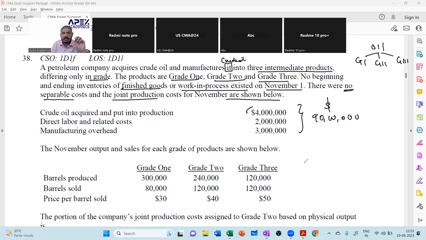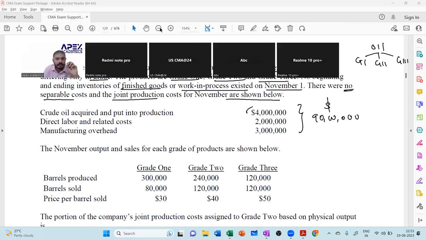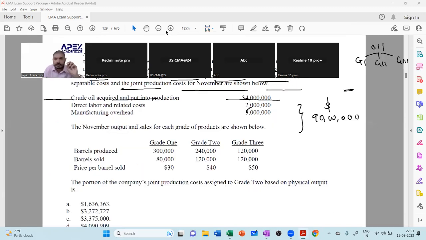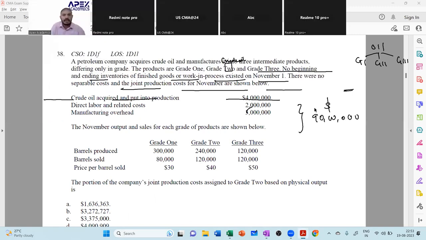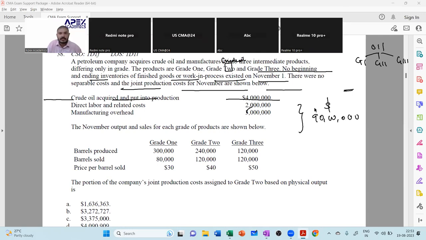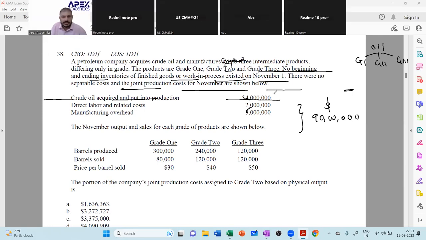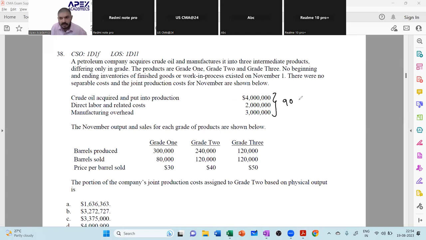Now what have they got? Okay. This is $90 lakh.